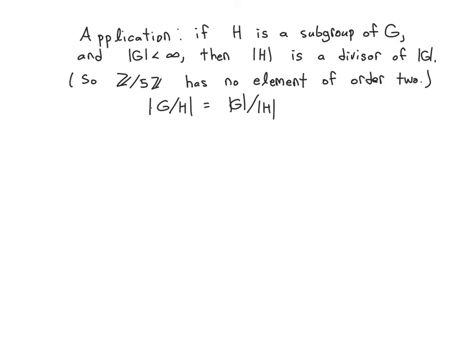So in particular, this has to be a natural number, which of course means that you better be able to write the order of G as the order of H times an integer. Ergo, the order of H has to divide the order of G. And so this tells you that you can't find an element of order 2 in Z mod 5Z, because if you had an element of order 2, it would be a subgroup of order 2, and 2 does not divide 5.